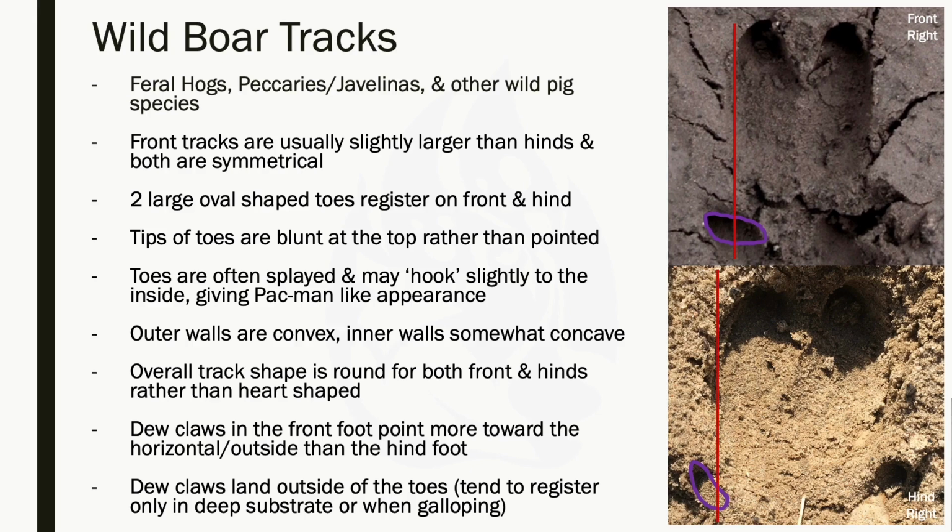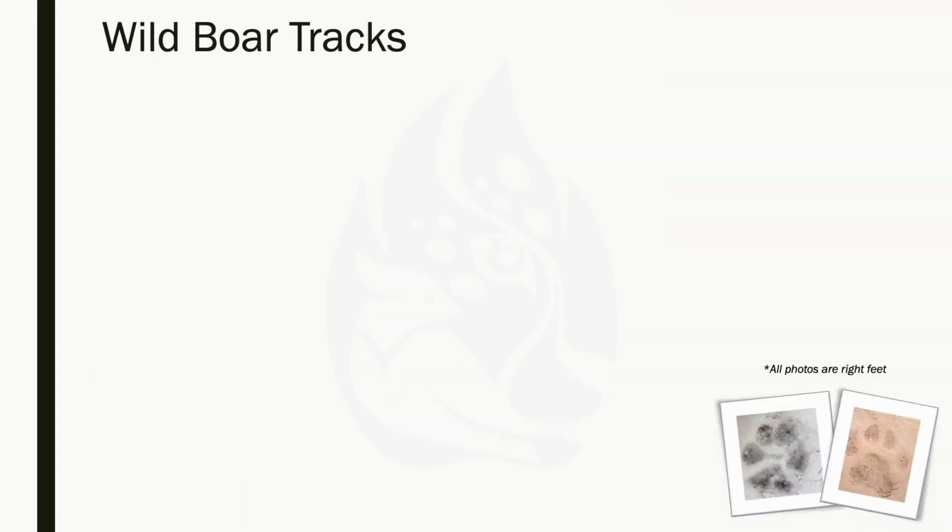And you can see that here in the hind foot below, where that dew claw is outside. So to put it simply, they're going to be spaced out wider. They will not be directly under the toes like you find in deer and antelope species. So that is another very key point to help you differentiate between the two.